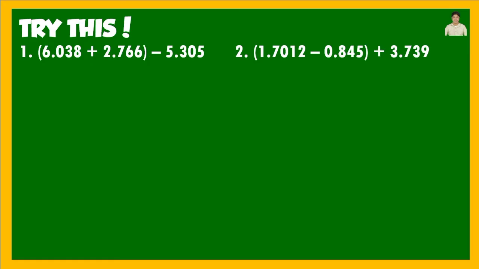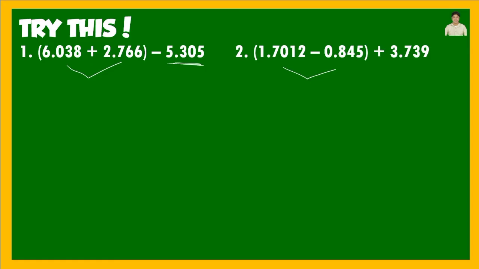Yung rule natin sa PEMDAS rule, kailangan muna nating i-perform or compute yung nasa loob ng parenthesis. Parang dito sa number 1, kailangan po na nating i-add yung nasa parenthesis. And then, kapag nakuha natin yung sum doon, magsusubtract tayo sa kanya ng 5.305.